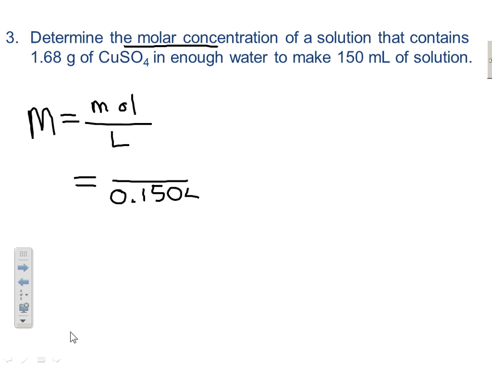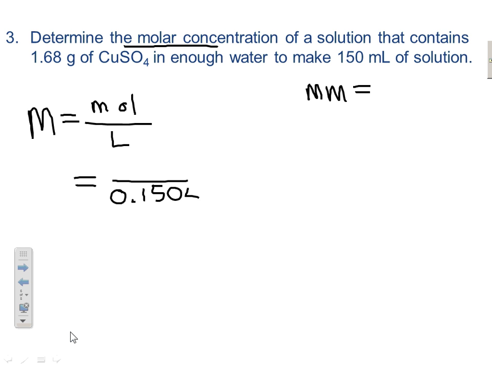What's the other number we need? We need moles, right? But I have grams. How do I turn grams to moles? I need a molar mass, and I need my other triangle, right? Remember, to go from grams to moles, I need molar mass is equal to, what was that unit?